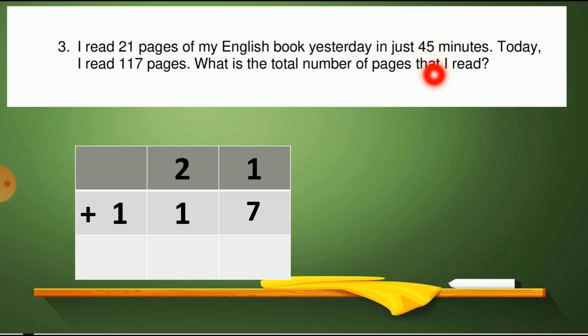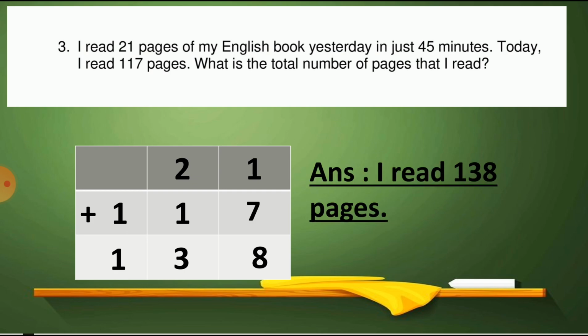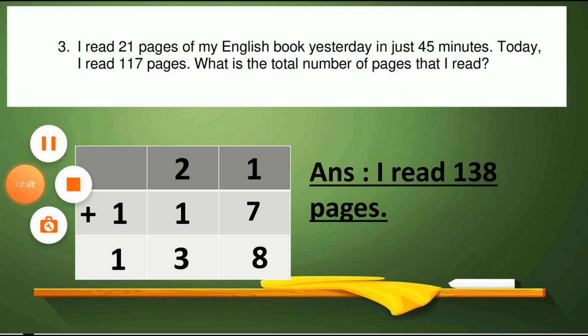So we skip this and just add these two numbers, 21 and 117. In the ones column, 1 plus 7 is equal to 8, 2 plus 1 is equal to 3, and 1 is alone, so we just write down the 1 as it is. The answer is, I read 138 pages that day. This is the answer, and this is the way you have to write it down, students.